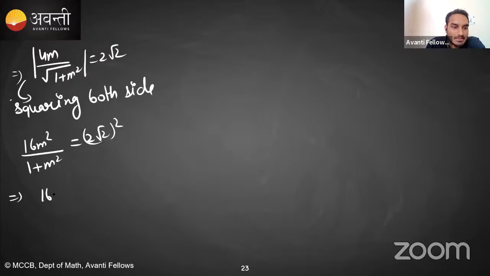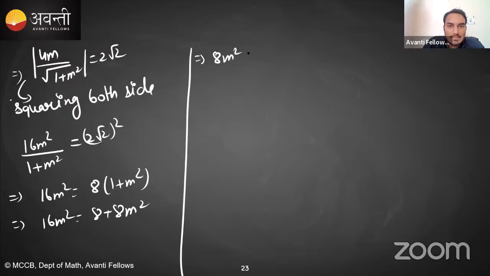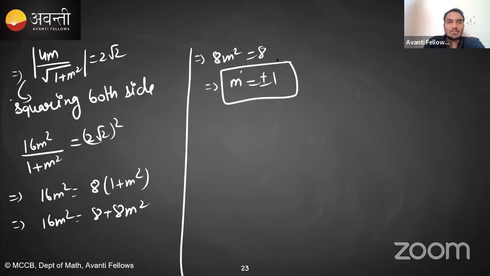So 16m square is equal to 8 times 1 plus m square, that is 16m square equals 8 plus 8m square. So 8m square is equal to 8. So m is plus minus 1. So there are two tangents possible. One tangent has slope 1 and another tangent has slope minus 1. Is this clear, students?